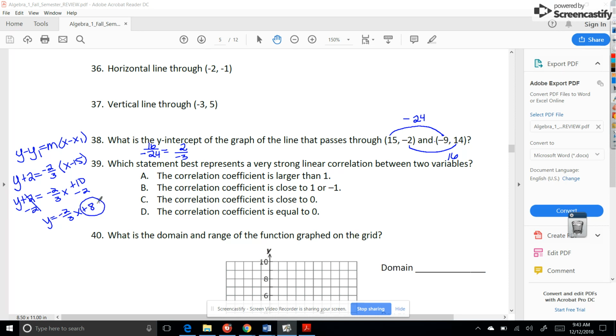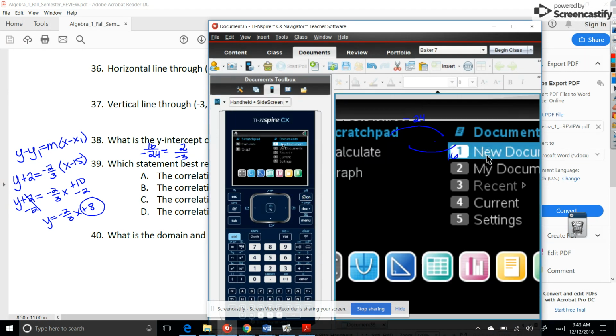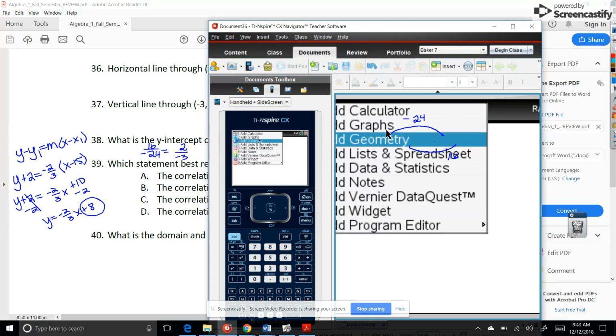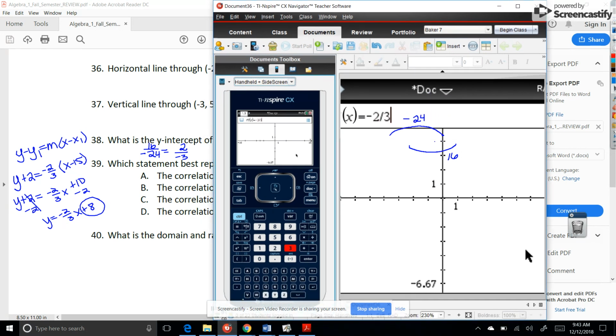So I'm going to actually put this in the graph and just make sure that it goes through these points, 15, -2, and -9, 14. So let me go to my graph. New document, no, add a graph. And I'm going to graph -2/3 x plus 8.